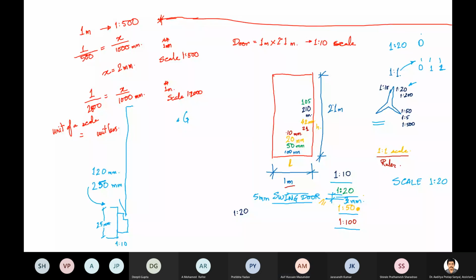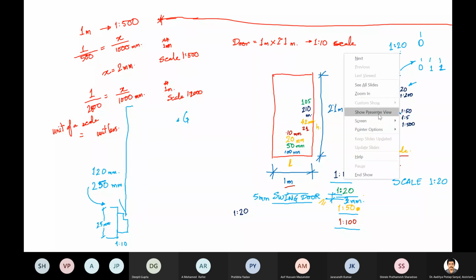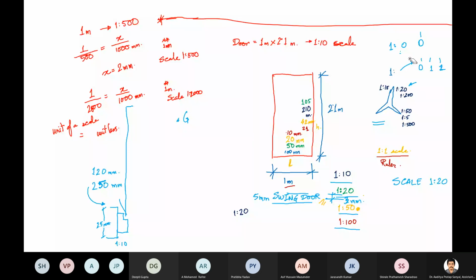If you guys are getting confused, it would be very good if you could get it clarified better. This is what it looks like in 1:10.